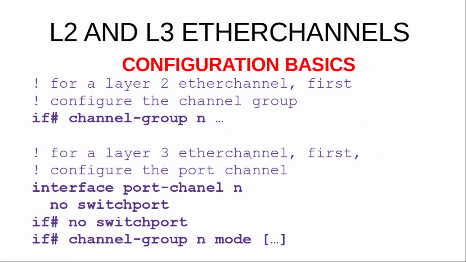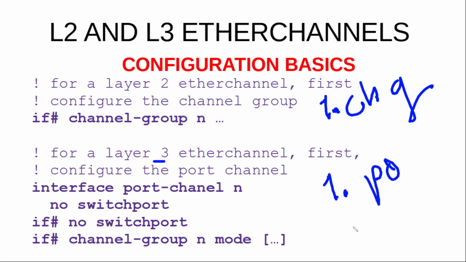Now, how do we configure our port channels? If we are going to configure a layer 2 port channel, the best practice is first using the channel-group command. And if we're generating a layer 3 EtherChannel, the best practice is first configuring the port channel and then configuring the channel-group.